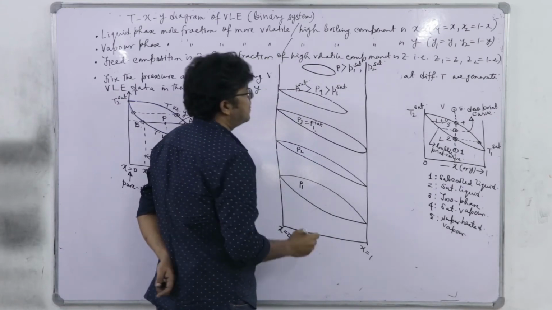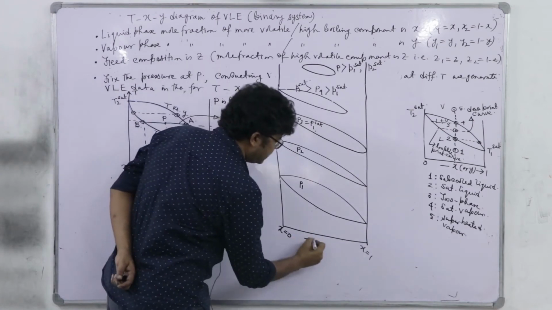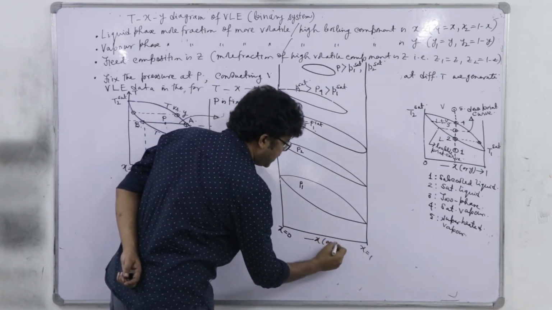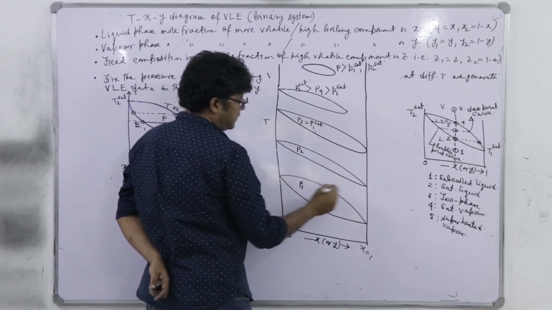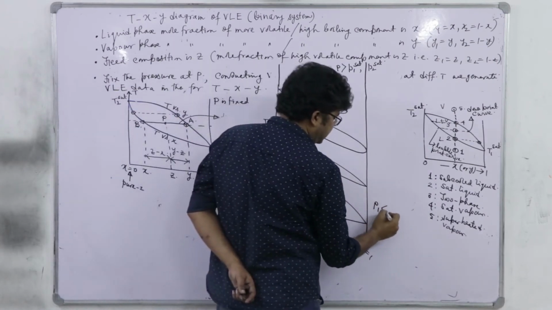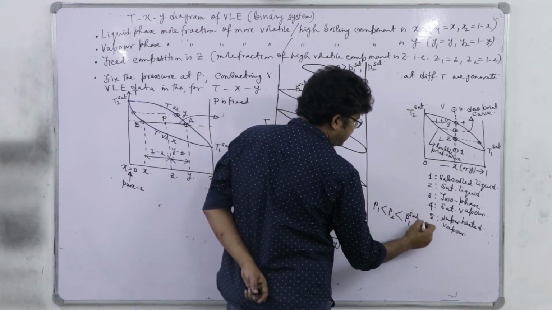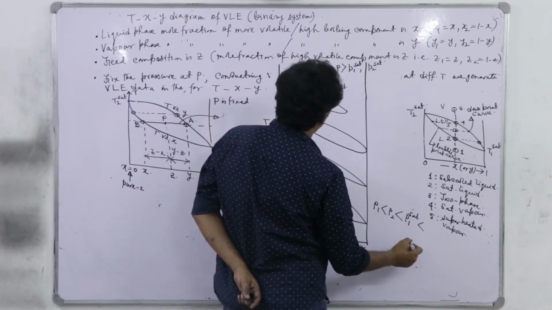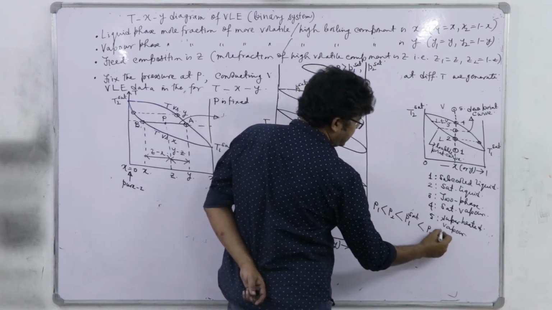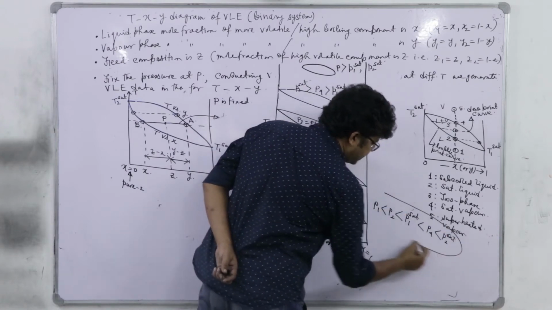Now you see, this is temperature, this is x or y. So P1 is less than P2, less than P1 sat, less than P4, less than P2 sat. So that's the hierarchy.